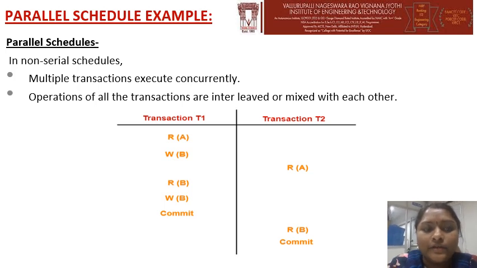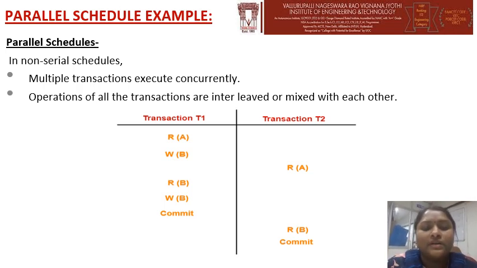Coming to the types, in a serial schedule each transaction is performed one after the other, so there are no conflicts or issues with serial schedules. Now, what is a parallel or non-serial schedule? In a non-serial schedule, multiple transactions perform concurrently.